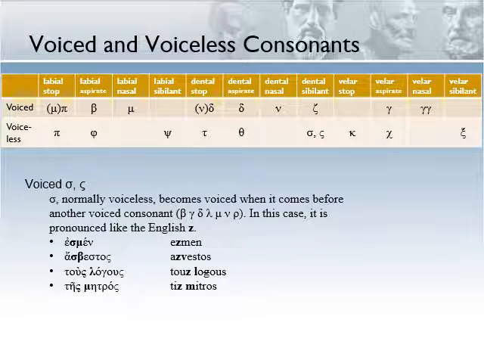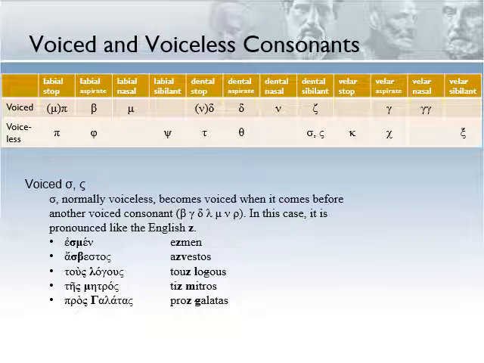Here's another example of two words, the first one ending in sigma, the second one beginning with the voiced consonant mu. This will be pronounced tizmitros.